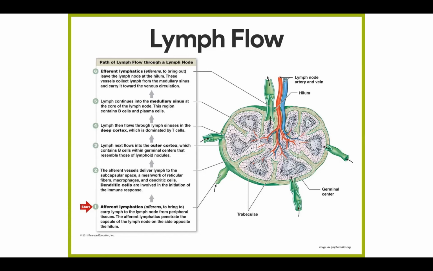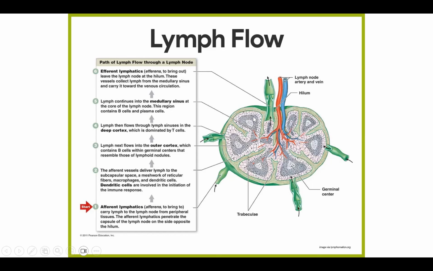This region contains B cells and plasma cells. So you have this region that's outside of the germinal center and adjacent to the paracortex, that's going to have B cells and plasma cells.